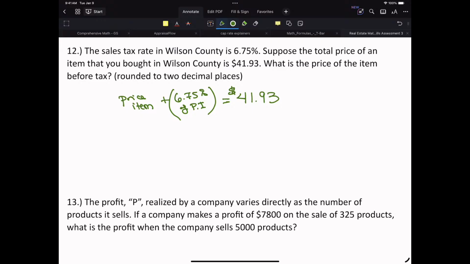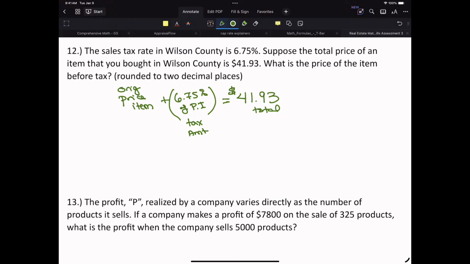That makes sense to everybody? There's the original price of the item plus the tax amount, and that total is 41.93. Okay? So what do we do here?